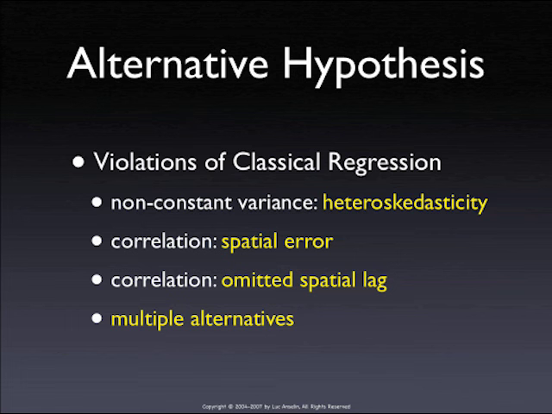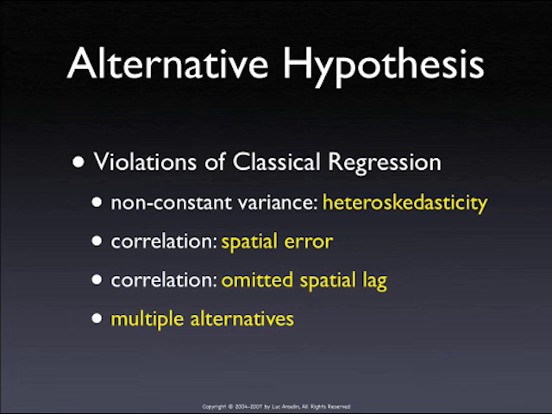And as we saw yesterday, there is a major difference between the two in terms of substantive interpretation and also in terms of the consequences of what happens if we ignore it, the lag model being much more serious than the error model.